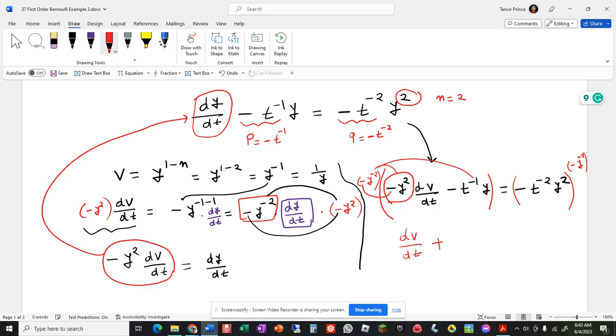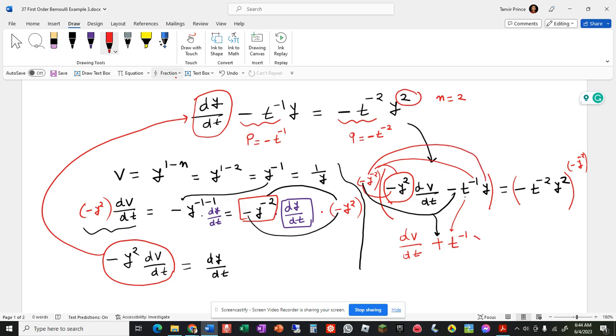So just to show you here, this negative times negative, that's positive. Copy the t to the power negative 1, and then y to the power negative 2 times y.